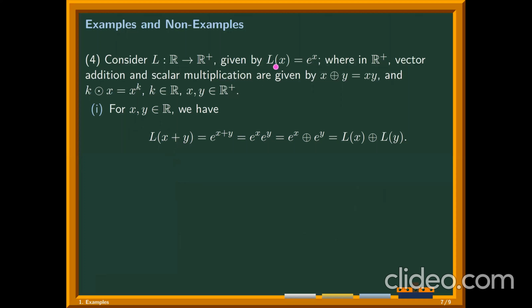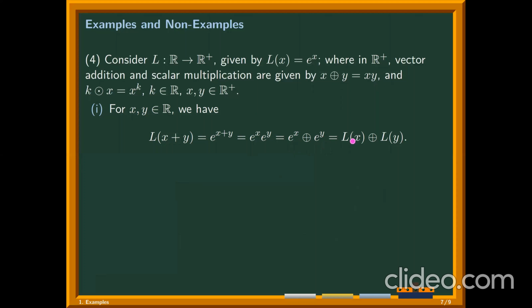L of the sum. By the definition of L, L of X plus Y is equal to e raised to the sum X plus Y. By the law of exponents, this is just e to the X times e to the Y, the product of e to the X and e to the Y, which, as we defined for R plus, is the vector sum of e raised to X and e raised to Y. Following this rule, we may write this as e to the X vector sum e to the Y in R plus.